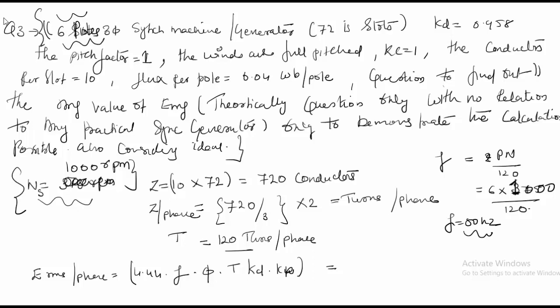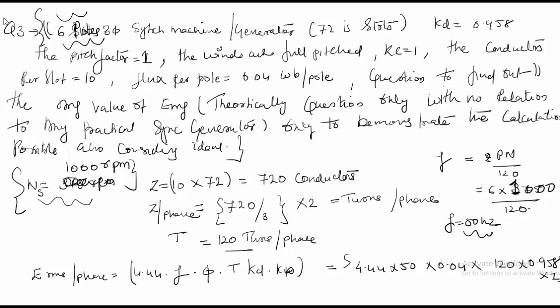So this is my first calculation, and putting all the values: 4.44 into 50 into flux, which is 0.04, into my turns, which is 120, into KD, which is equal to 0.958, and Kp, which is equal to 1.